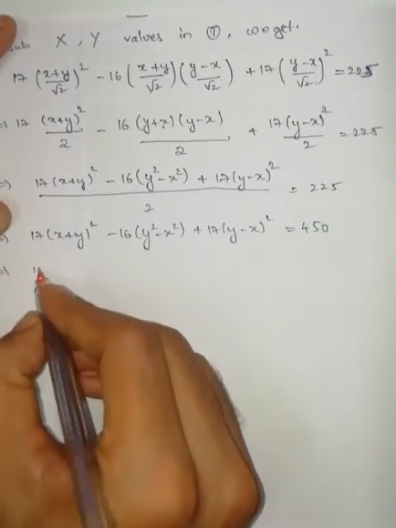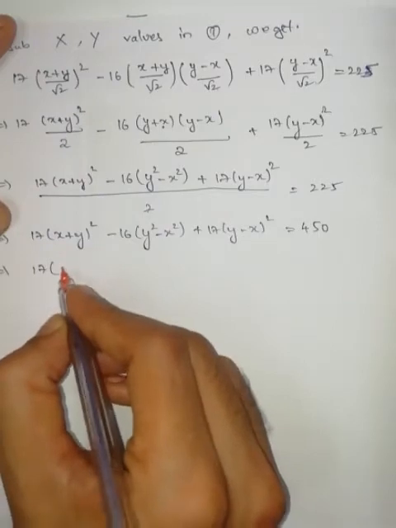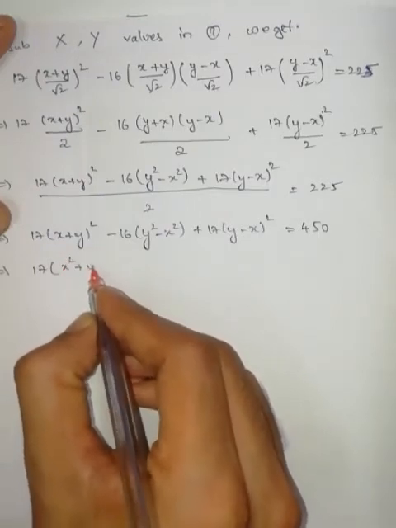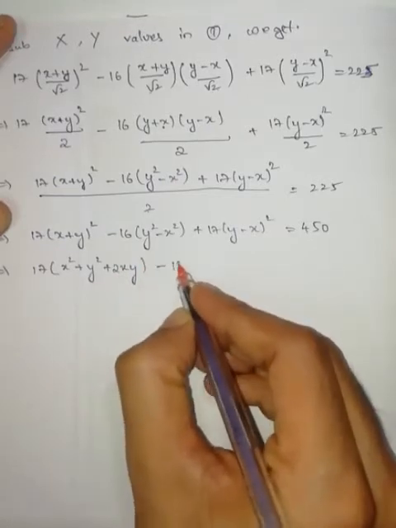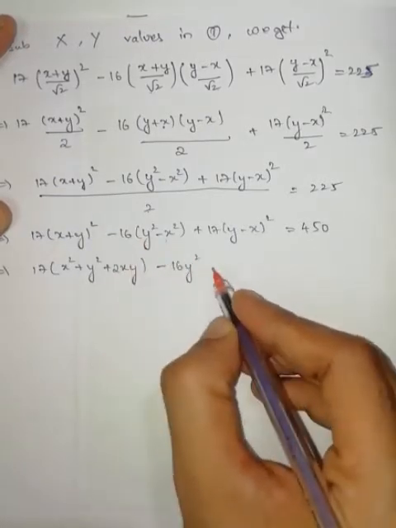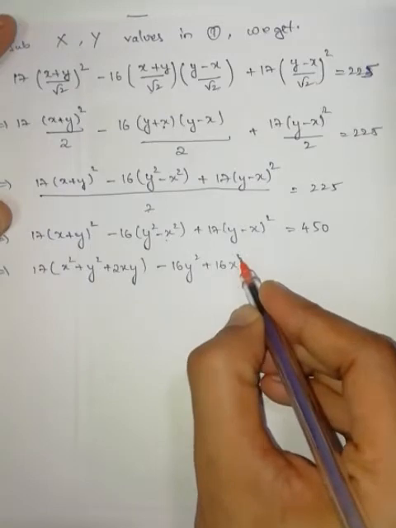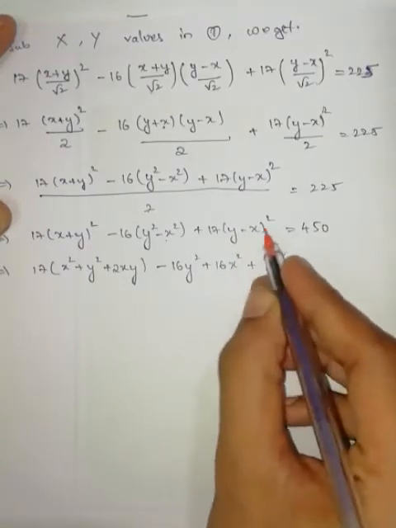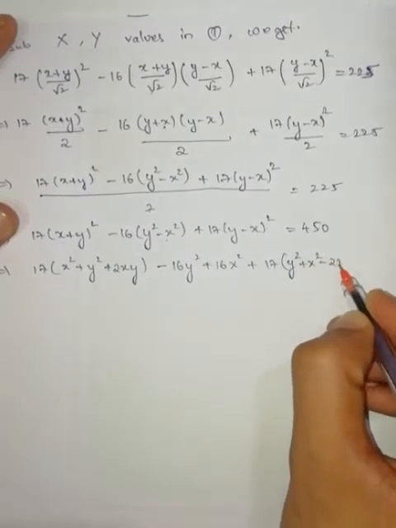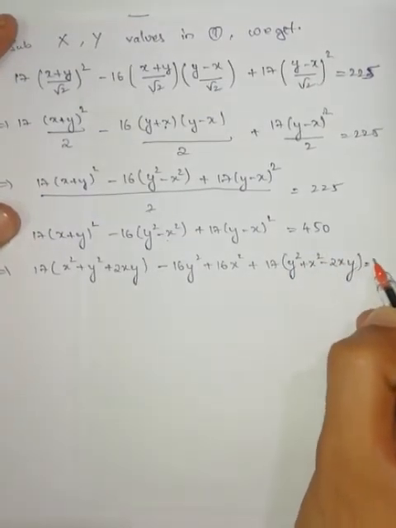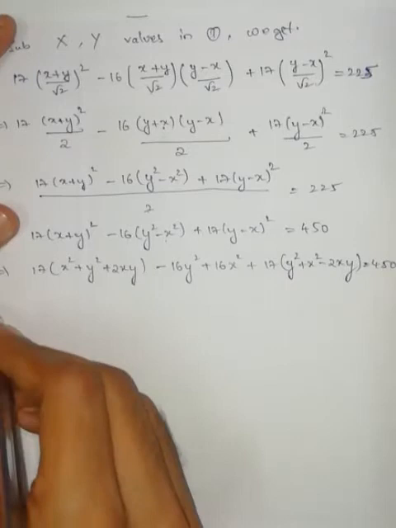Now 17 into (a plus b) whole square form: x square plus y square plus 2xy, minus 16y square plus 16x square, plus 17 into (a minus b) whole square form: y square plus x square minus 2xy, is equal to 450.